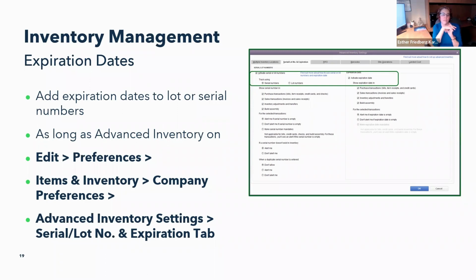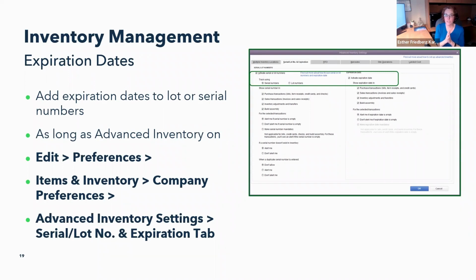I'm going to get cracking. Next up is expiration dates, which allows me to add a field for expiration dates to items with serial or lot numbers activated in advanced inventory, obviously in Enterprise. These expiration dates can be included on sales orders, invoices, and other customer communication forms, and also on purchase transactions, inventory adjustments and transfers, and inventory assembly bills.